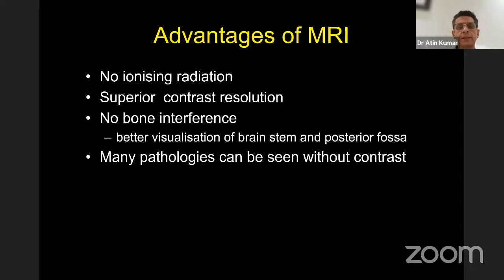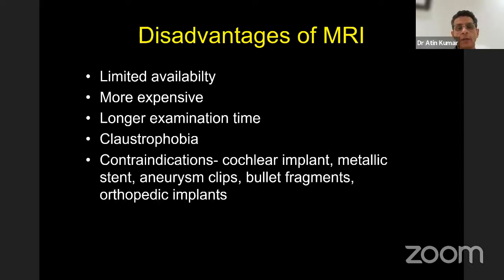Having said that, it's not all glory all around, because MR has limited availability and it's way more expensive. Even besides that, the major disadvantage for an MRI to be done in a neonate is a longer examination time. As Dr. Manisha clearly told about the advantages of CT, the latest scanners can actually do a CT scan of the head in as little as 3-4 seconds.